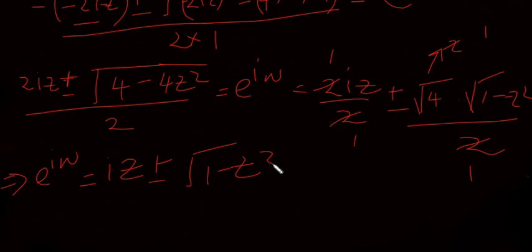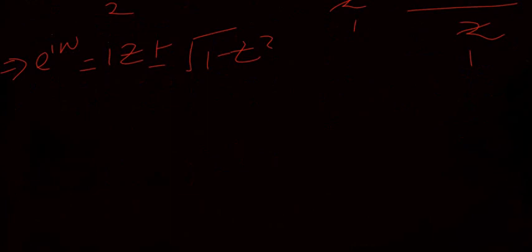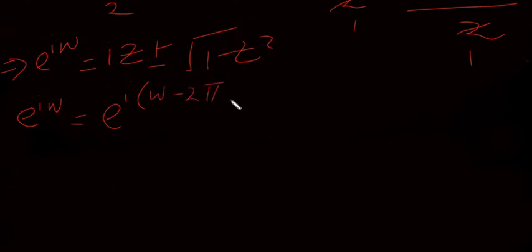But now remember, there is something here I want you guys to remember: exponential iw is equal to, I can just write exponential i times w minus 2 pi k. Remember, w is periodic. I just want to do away with this minus here, just to plus.